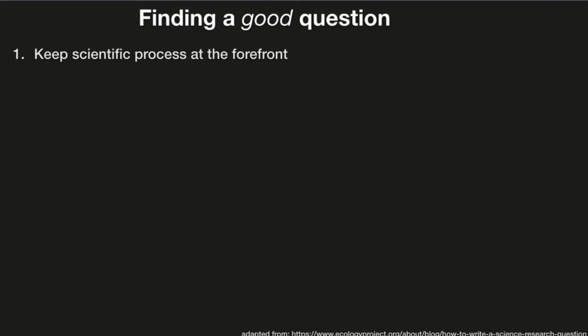To get right into it, finding a good question for funding agencies is often the same process as finding a good research question. This process is not going to be much different from the scientific method that you learned about in some of your earlier biology courses, where you're really going to be focusing on observation.